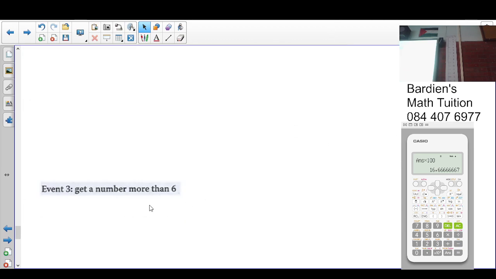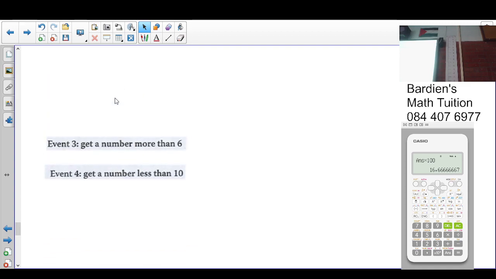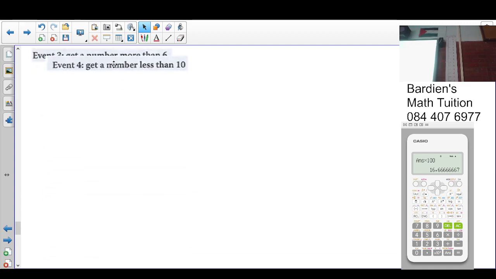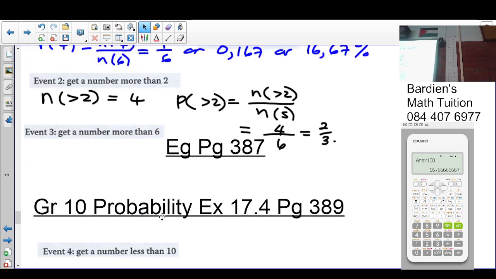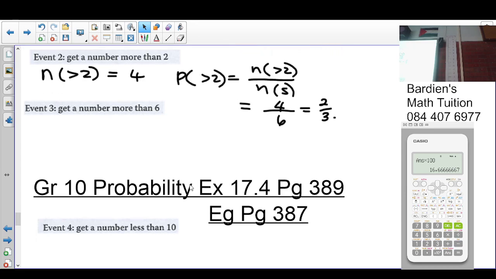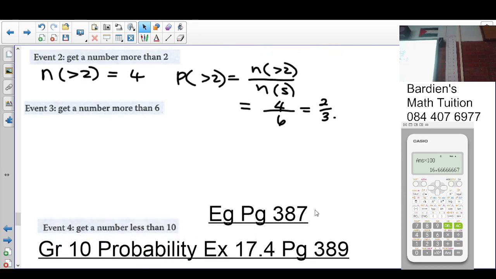Let's look at the next one, number 6, event 3. Getting a number more than 6. Are there any numbers on the dice that are more than 6?